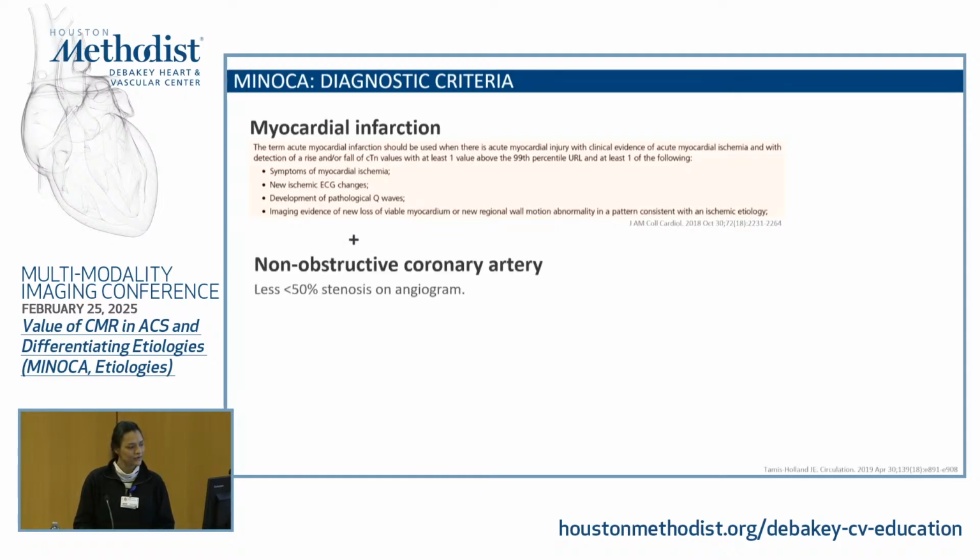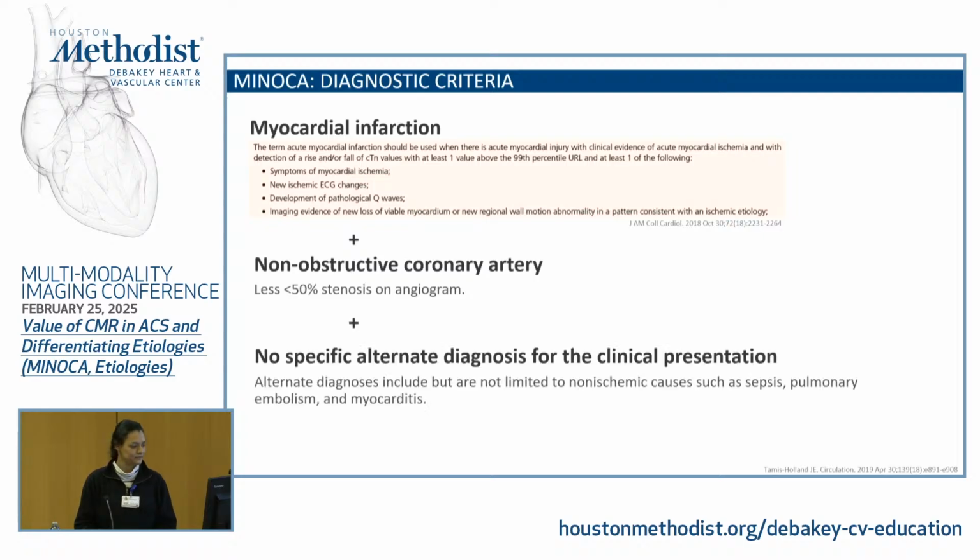Then you say, okay, I have no obstructive coronary lesions, which is defined as less than 50% stenosis. And then you have to rule out any other causes that can explain the rise and fall of troponin in this case, things like sepsis, PE, myocarditis. And that's what we did with the MRI in this case.